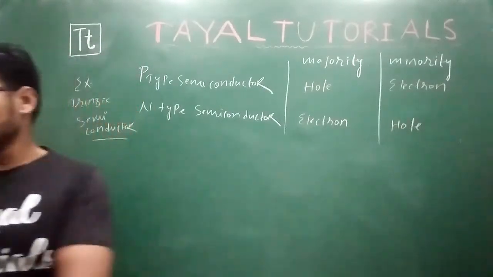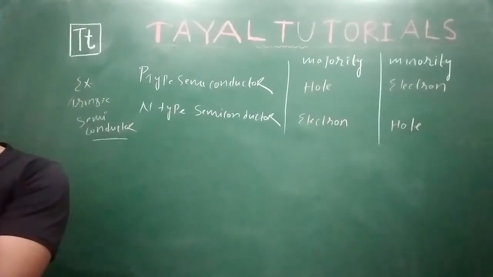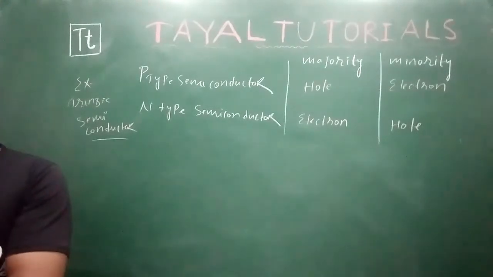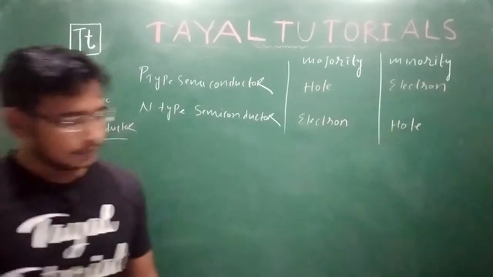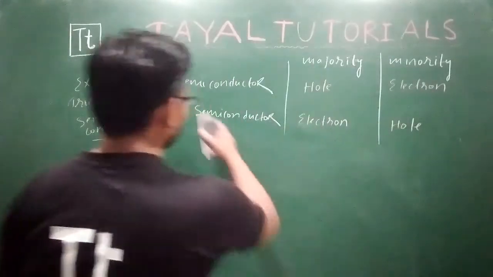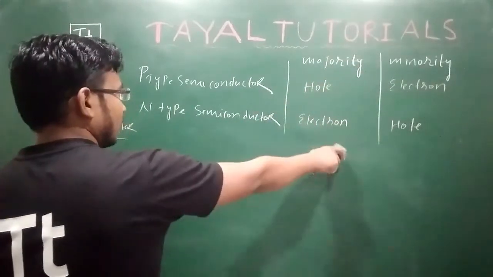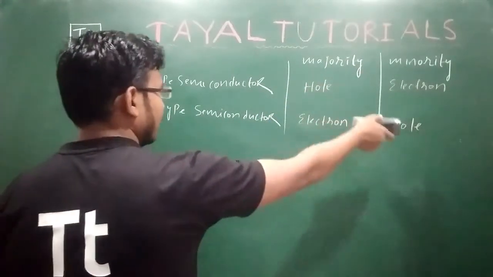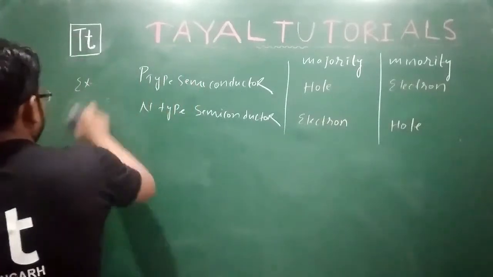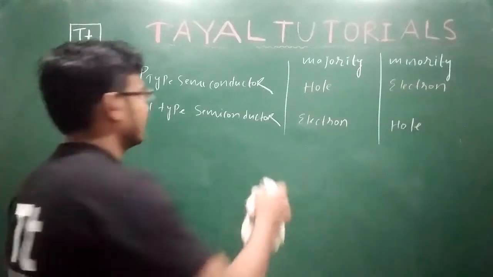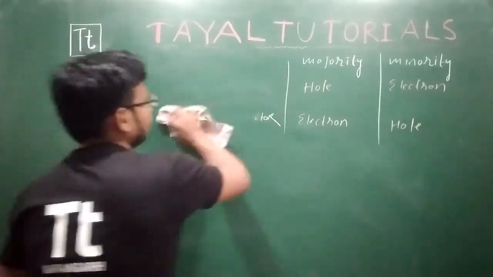Okay. So next, let's further write some differences between intrinsic, extrinsic. So this is your P-type semiconductor, majority hole, minority electron, N-type majority electron, minority hole.